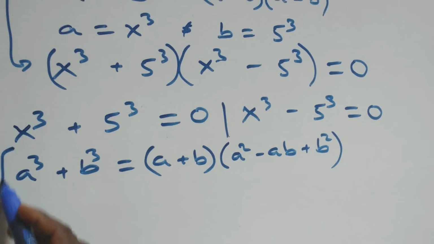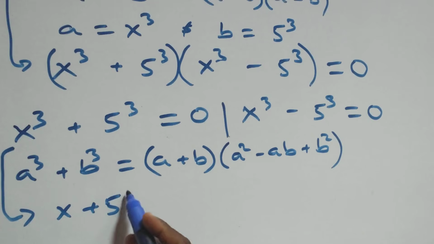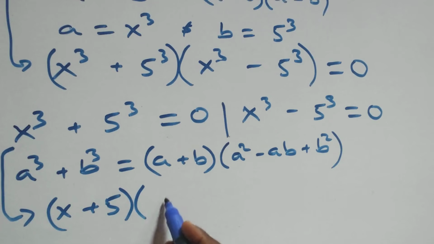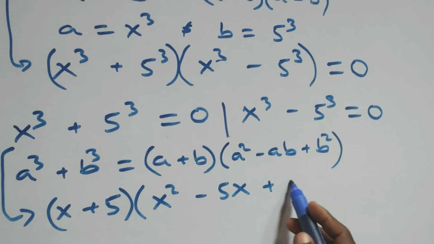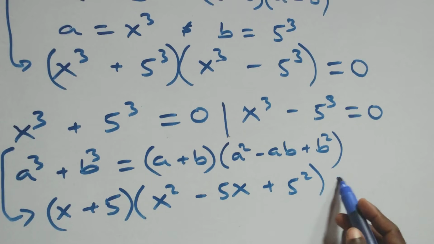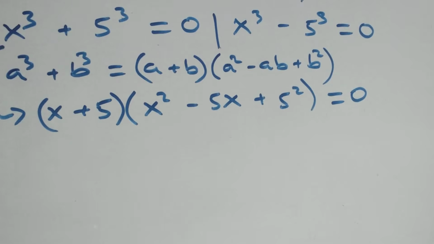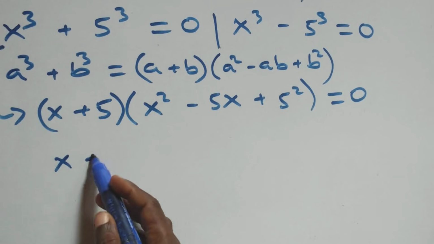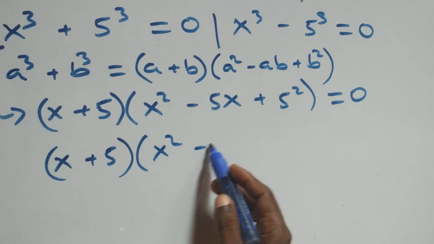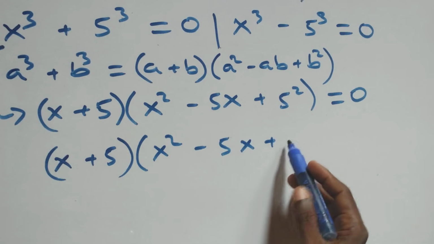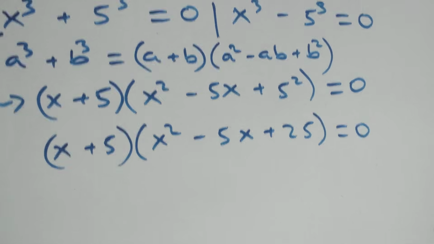Here what we have becomes (x plus 5) times (x squared minus 5x plus 5 squared) equals 0, where 5 squared is 25.